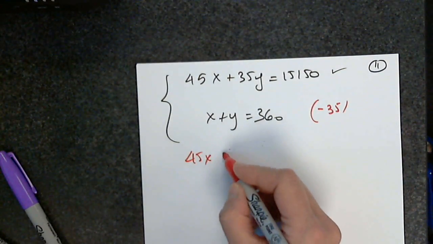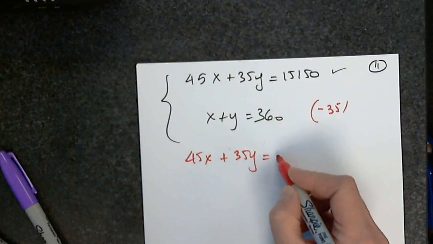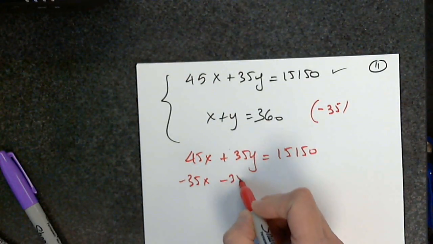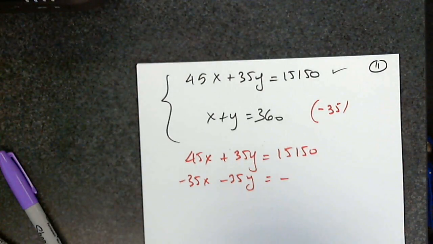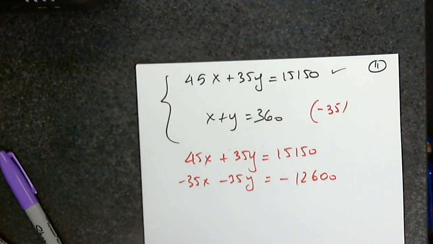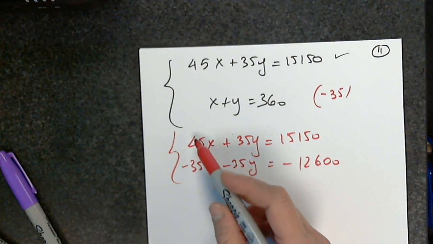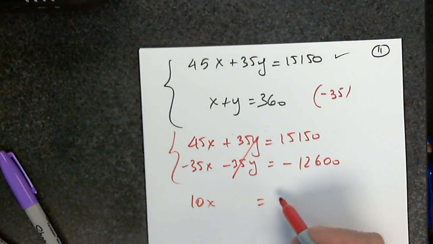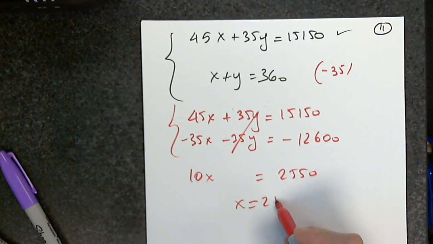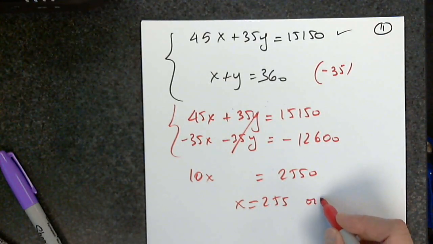So I have 45x plus 35y equals 15,150, and then negative 35x, negative 35y equals negative, I multiply 35 by 360, and I get 12,600. So then this is 10x, this is gone, and this is 2550. So then x equals 255 for orchestra.